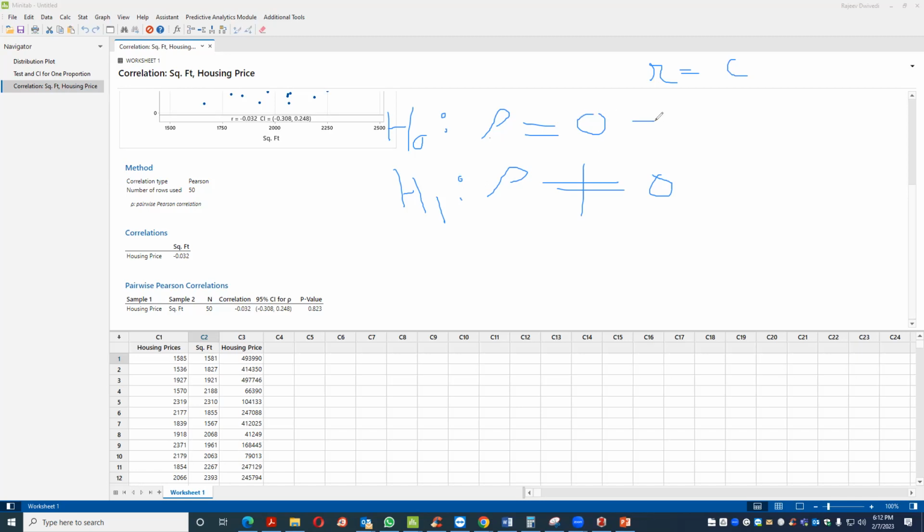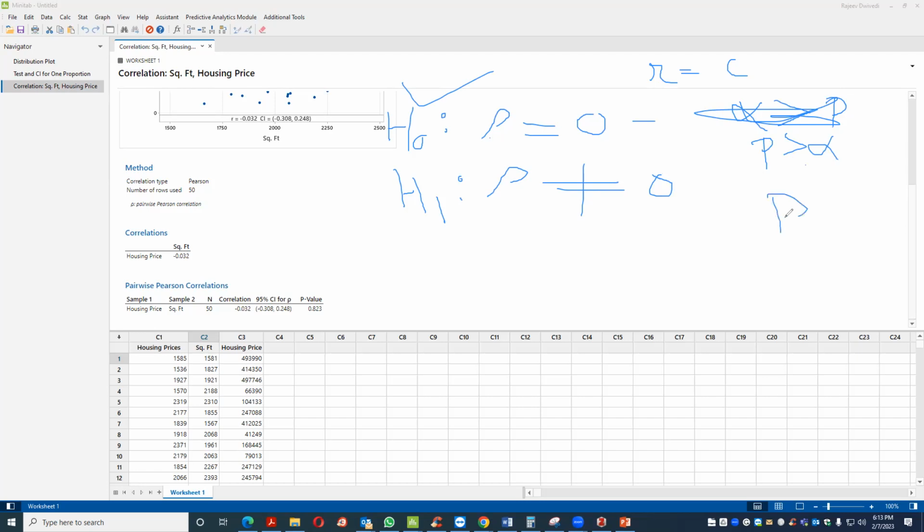When the p-value is greater than alpha, then we will accept the null hypothesis. If the p-value is less than alpha, then we will accept the alternative hypothesis.